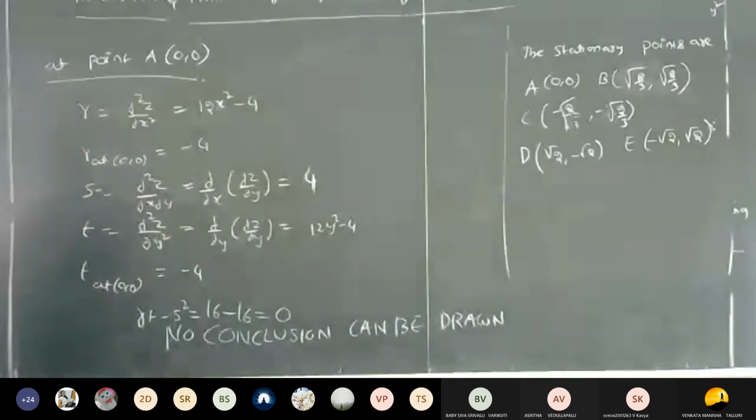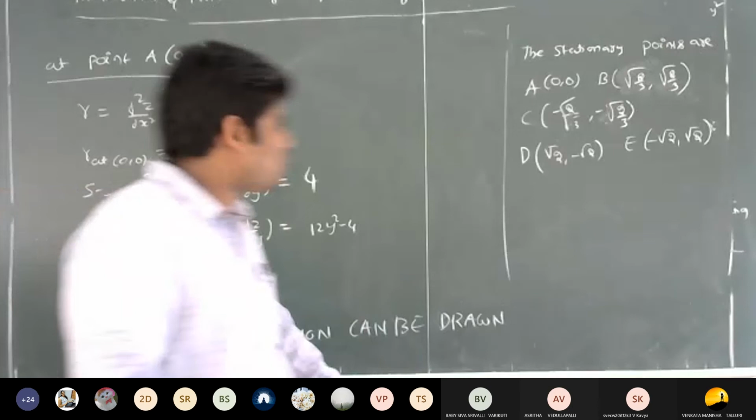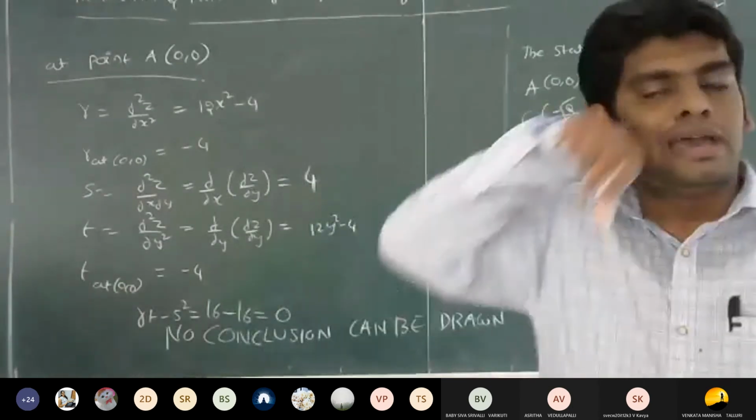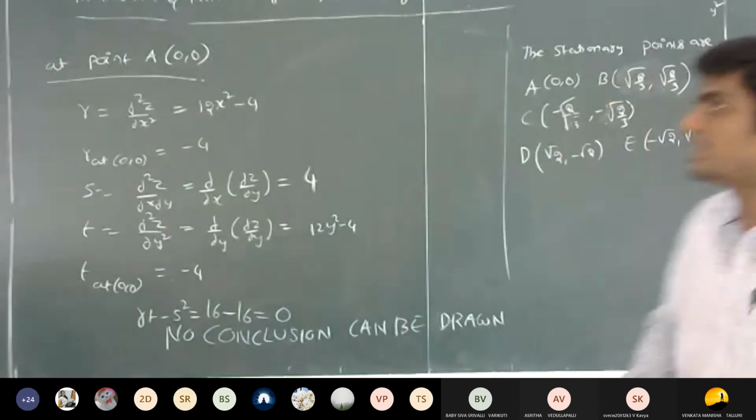No conclusion can be drawn. Right? So this is the process for justifying the extreme values at the given stationary point.